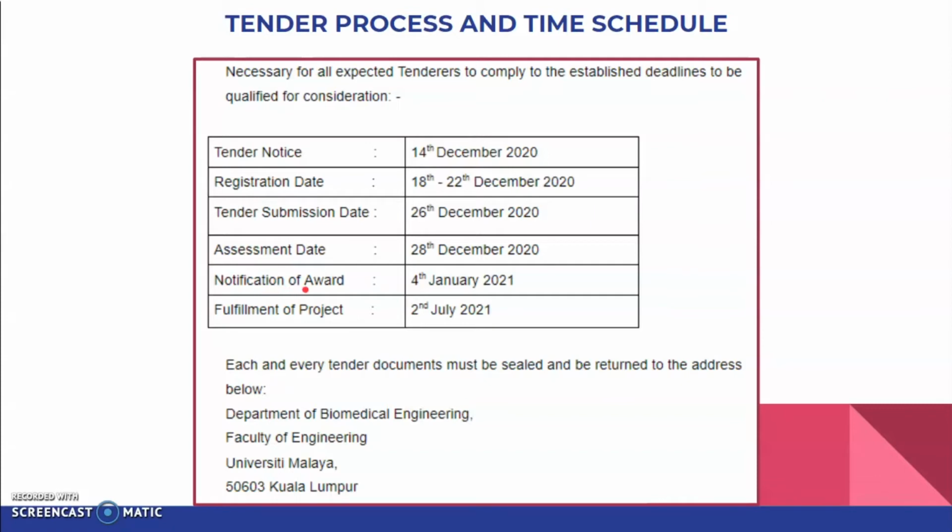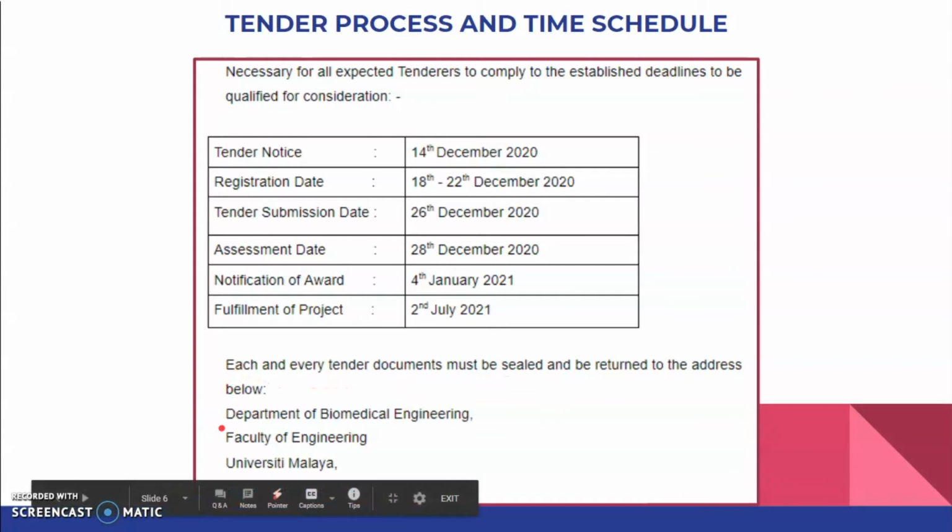Notification of award is when the client already has the bidder that will be doing this project, and fulfillment of the project is the date when the bidder is expected to complete all the criteria of the project. Each and every tender document must be sealed and written to the address below, which is the Department of Biomedical Engineering, Faculty of Engineering, University Malaya.